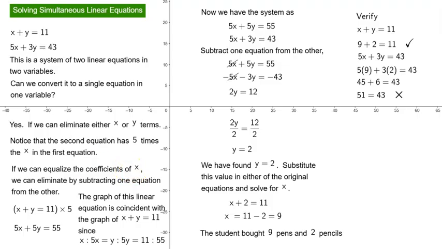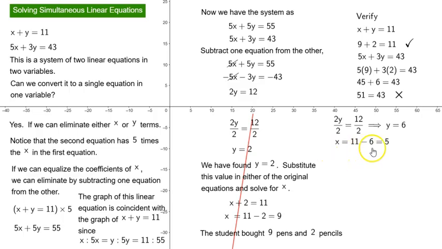And we realize that in this step, 2y by 2 equal to 12 by 2, we should have arrived at y is equal to 6, not y is equal to 2. So which means this entire part is wrong. So we continue from this point onwards.